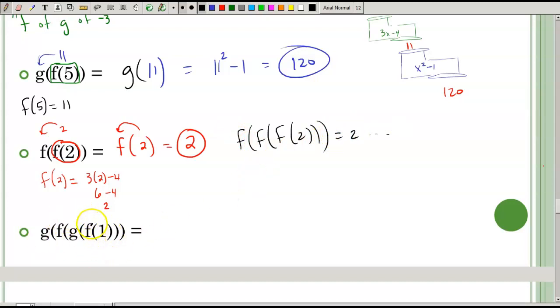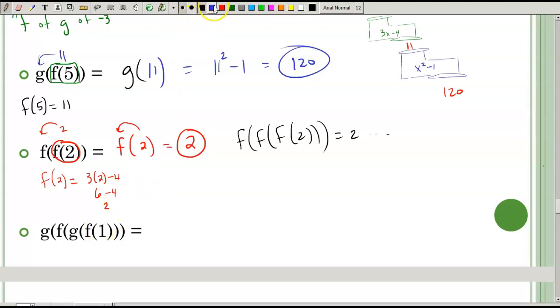Last example, g of f of g of f of f of 1, right? So in this problem, you have to understand the fact that it doesn't have to be 2 functions. You could do this 3 times or 4 times or an infinite number of times, so you can keep going through this process. Basically, you could have an infinite number of Lego pieces that you're just smashing on top of each other.